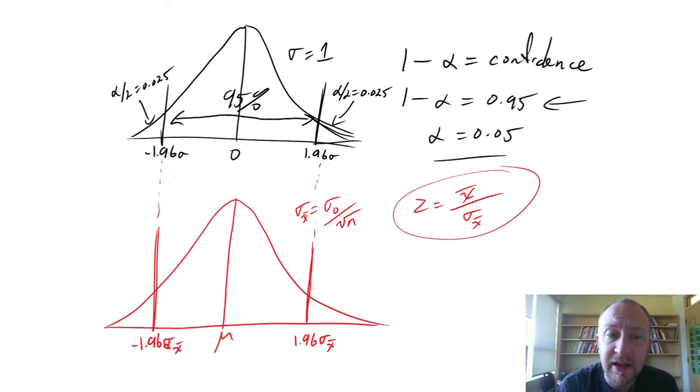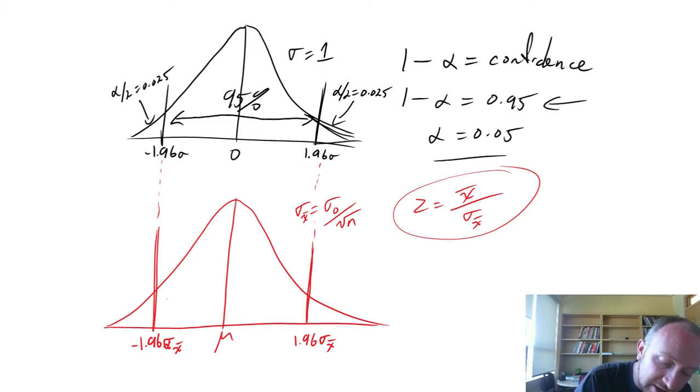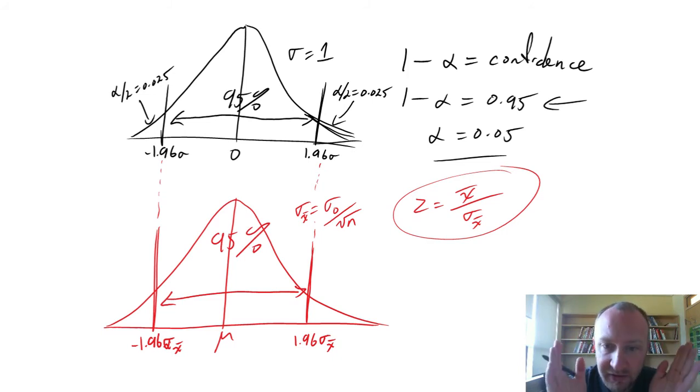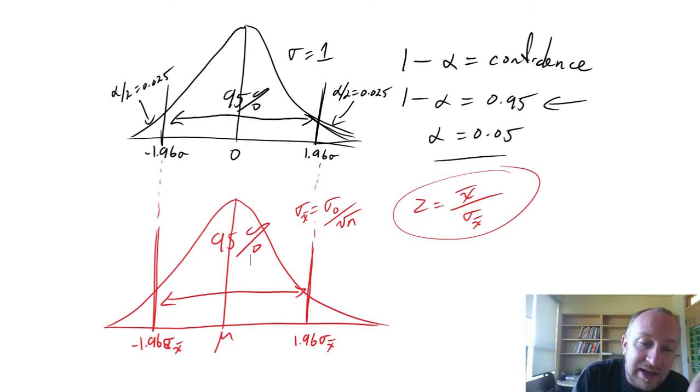What this means is that I can identify these two values within my population distribution such that 95% of my sample means will fall within that interval. So when I take a sample from my population, 95% of the time that sample mean will fall somewhere within this interval.